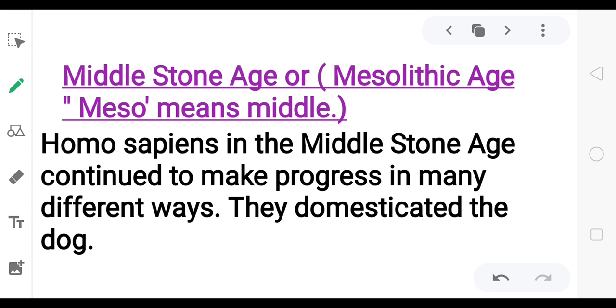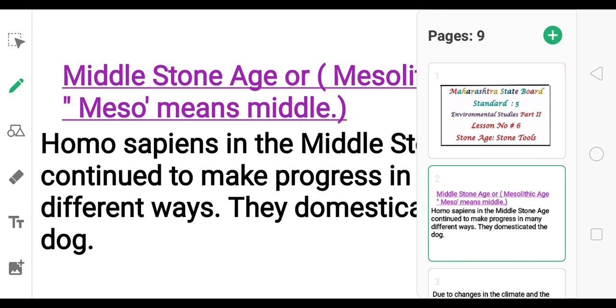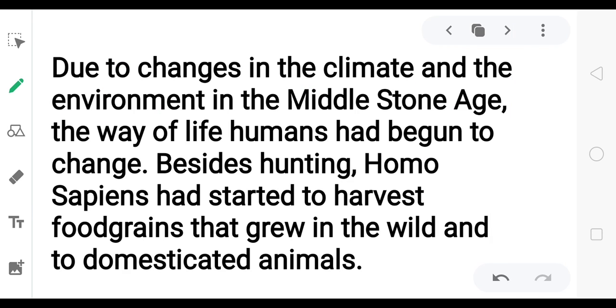Meso means middle. Homo sapiens in the Middle Stone Age continued to make progress in many different ways. They domesticated the dog in many different ways due to changes in the climate and the environment in the Middle Stone Age.